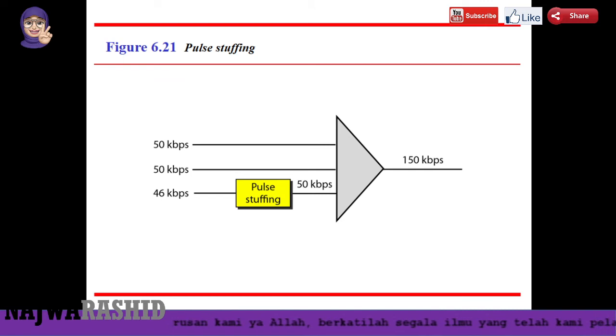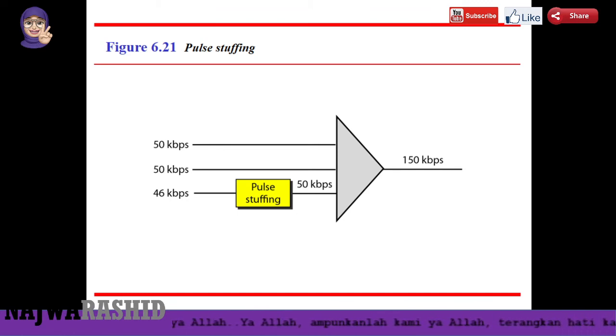Okay, the next part is pulse stuffing. Let's say, for example, channel 2 has a 50 kilobits per second data rate, and another channel only has 46 kilobit per second. Based on the numbers, multi-level multiplexing is not suitable, and multiple slot multiplexing is also not suitable.